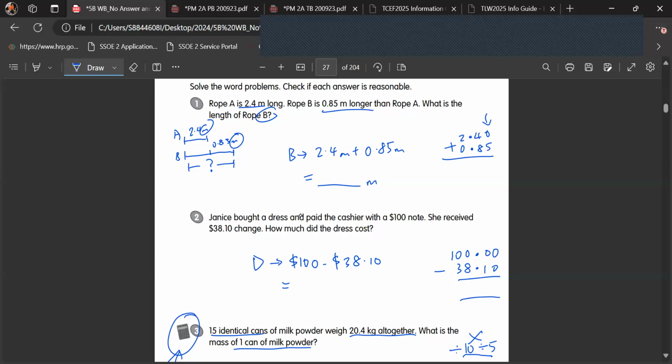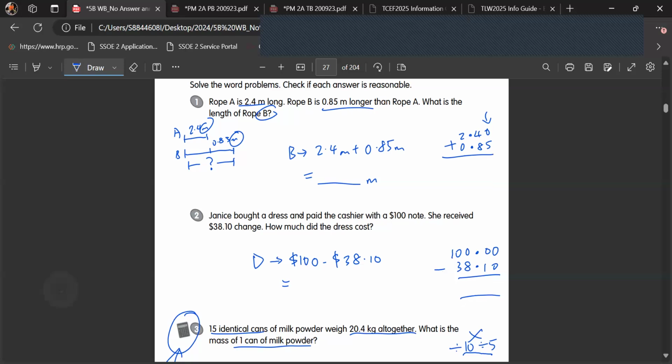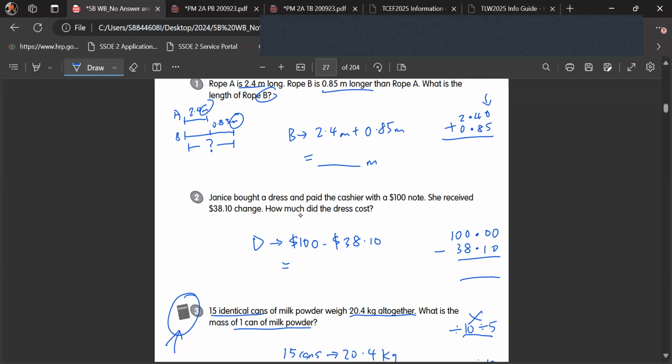I can't really see, it's a bit tiny, but we'll check it later. Oh, one point to note as well, if it's got to do with money, make sure that after the dollar sign and the decimal point, you have 2 decimal places.